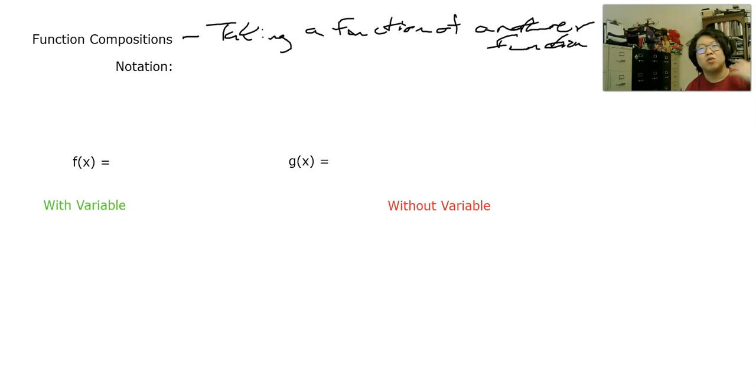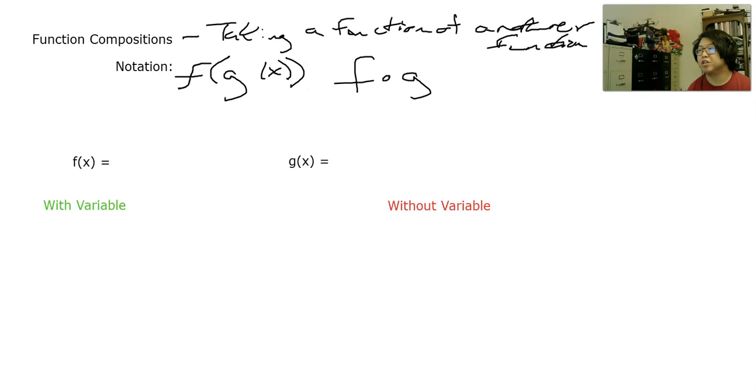And we're going to learn about two different notations. You've probably seen this before in Algebra 2. There's this idea of an f containing another function as the input, with the double sets of parentheses. And then there's also this idea of f of g, in parentheses itself, of x.